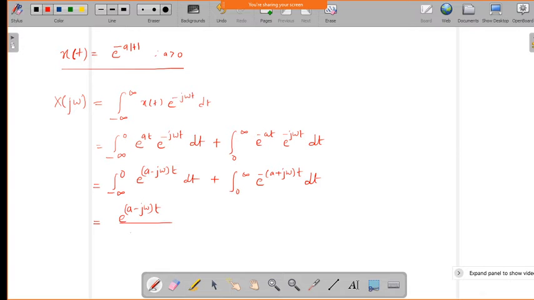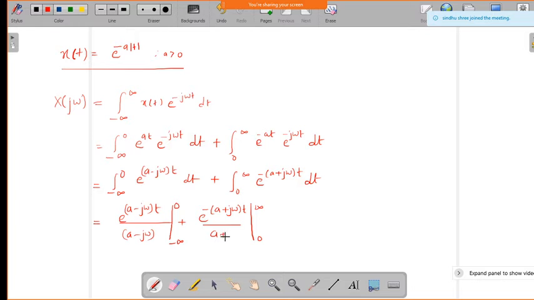So this is divided by (a minus j omega), plus e power minus (a plus j omega) t divided by (a plus j omega). The limits are minus infinity to 0 for the first and 0 to infinity for the second. Okay, so now evaluate.